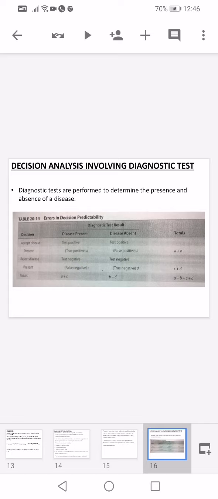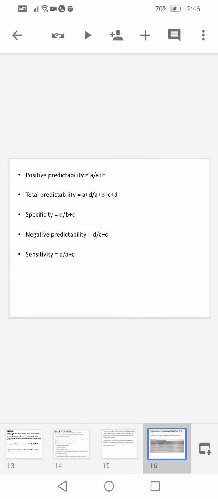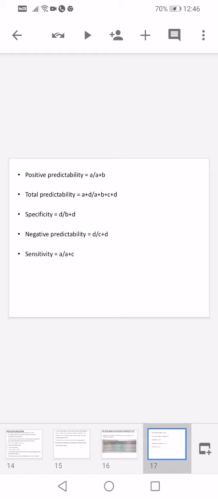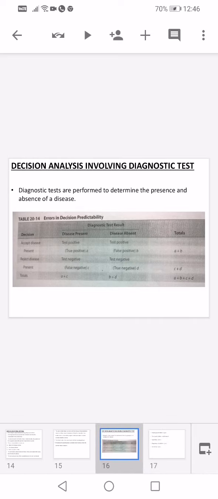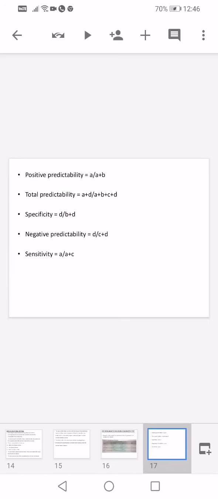And totals we can find out like this by taking the positive and negative into consideration, A plus B and B plus D, and finally you will get A plus B plus C plus D. So here you can see the predictability. If positive is there, it may be A or A plus B, where A is positive and B is negative.